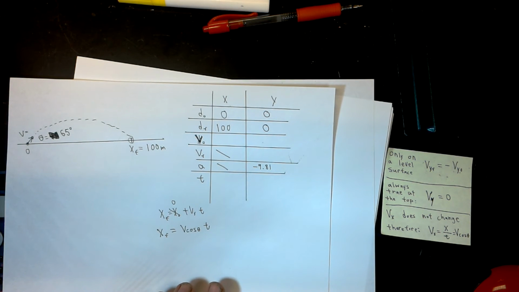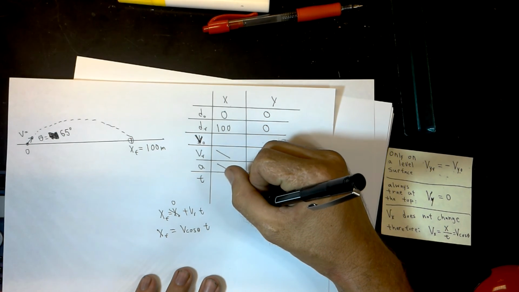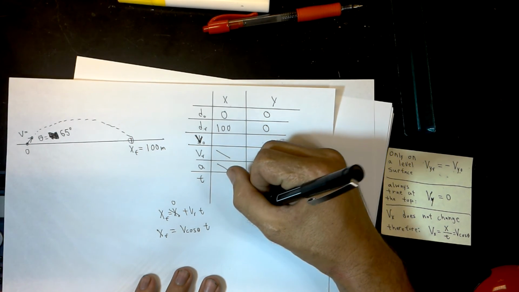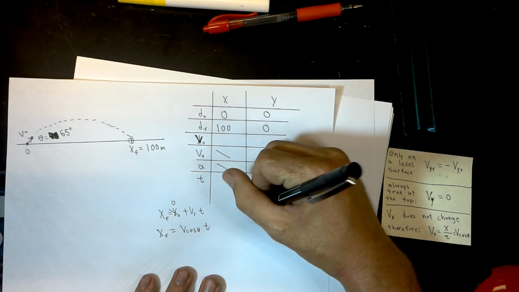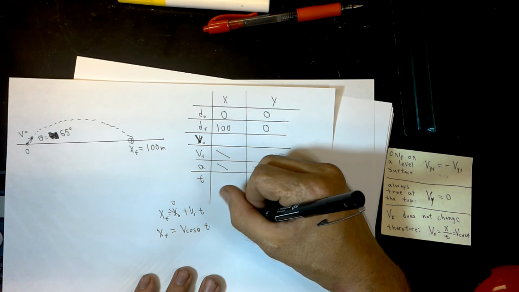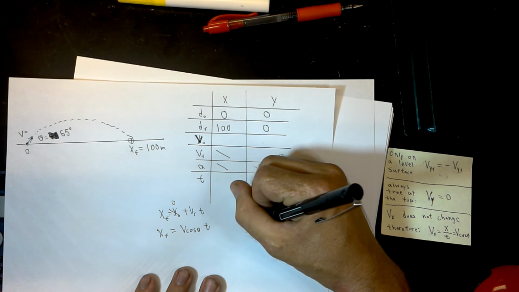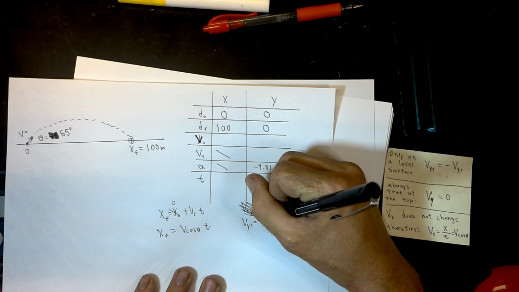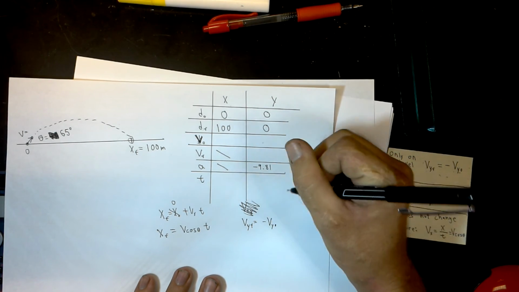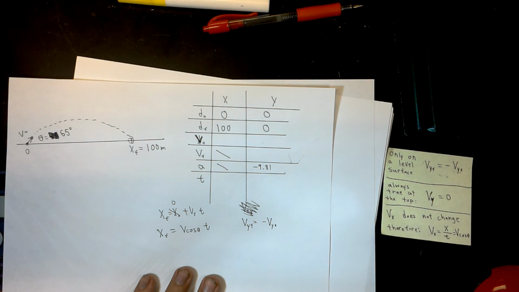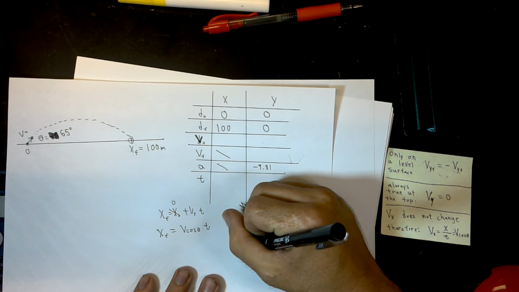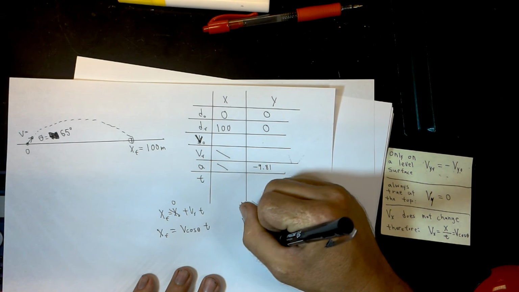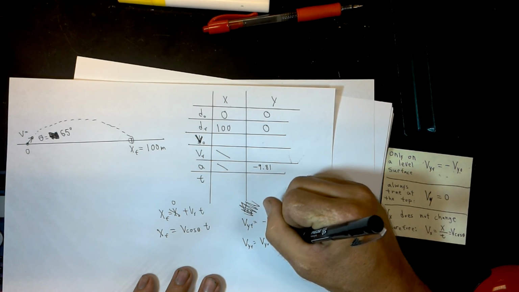Now I need an equation in the y direction. I'm going to use the one for velocity in the y direction because it's a much, much easier equation to use. We know that the velocity final, V of yf, is equal to negative v of y initial. And we know that v of yf equals v of y initial plus acceleration multiplied by time.